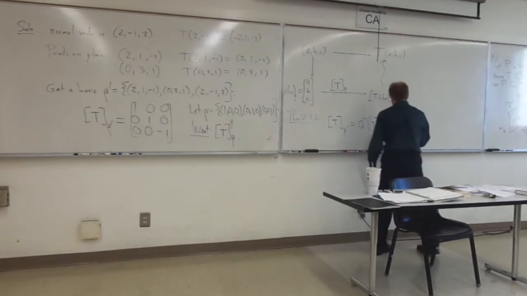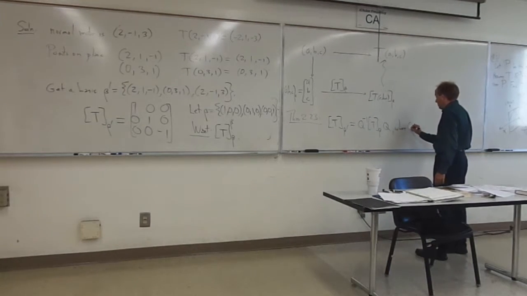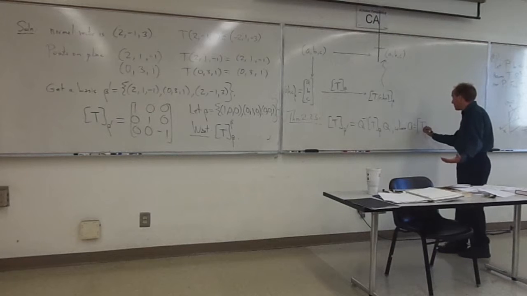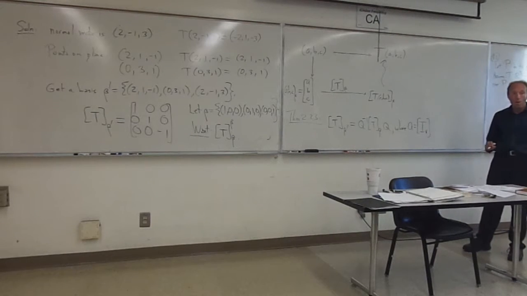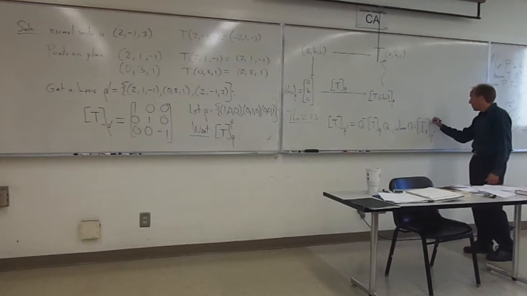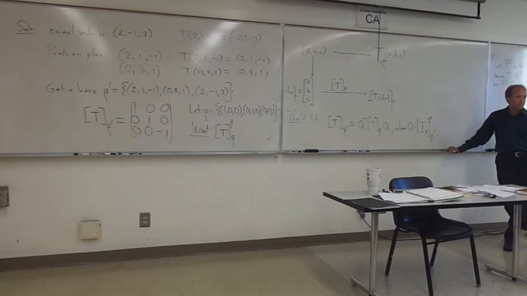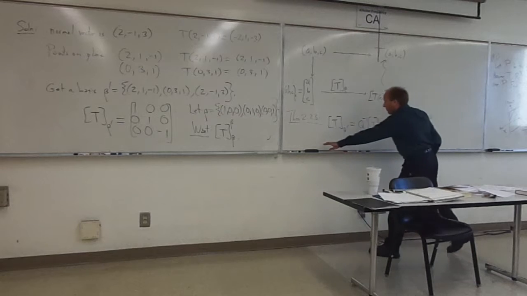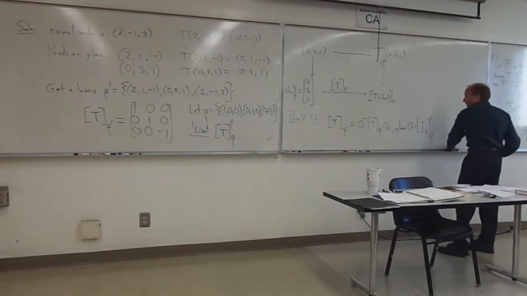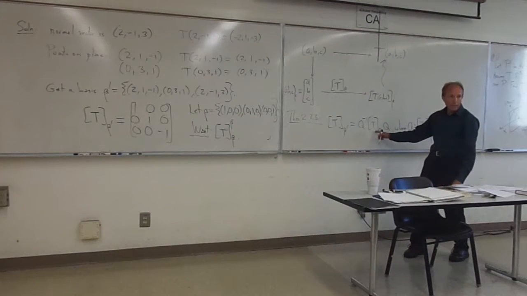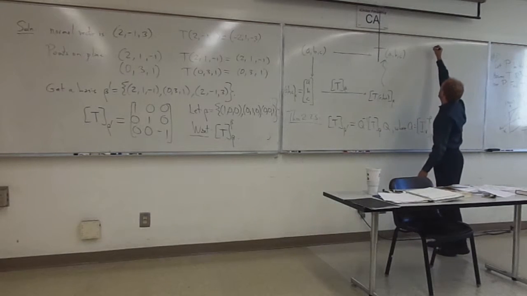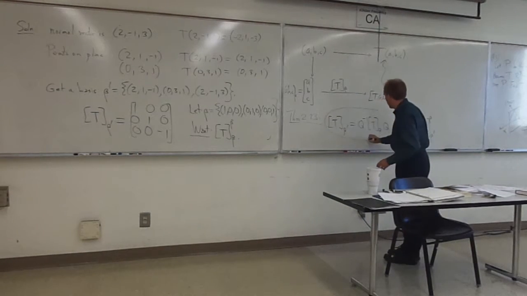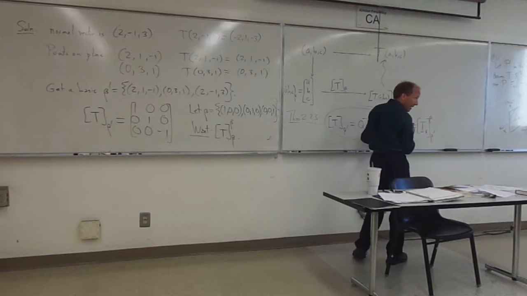And let's just remember what Q is. Q is the change of coordinates matrix, the identity transformation from beta prime to beta. Make some sense? Okay, so now in this case, I actually want T sub beta. So I need to take this equation and solve it for T sub beta.